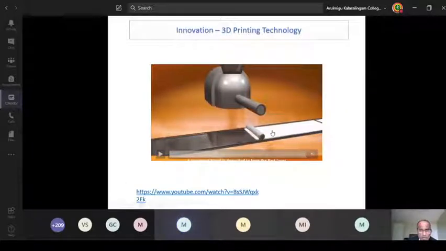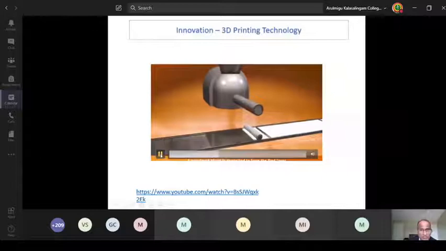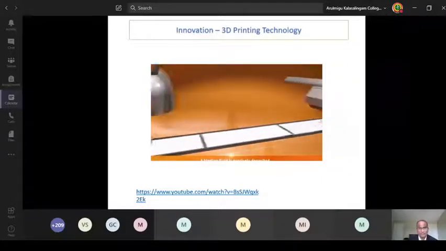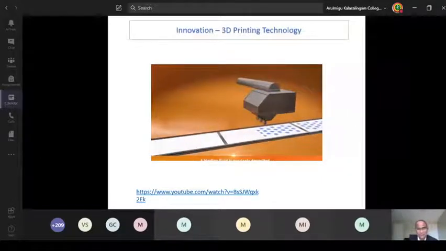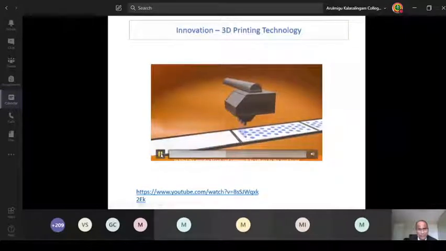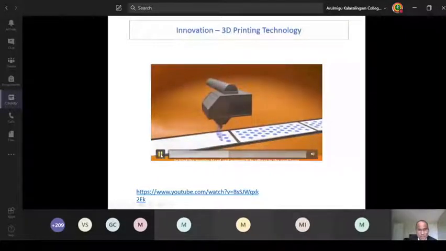Here, this is called a powder pharmaceutical blend. After that, binder solution is going to be added here. It's basically the binder.